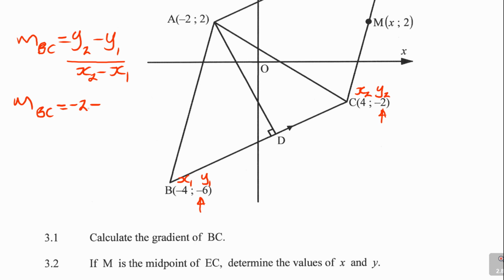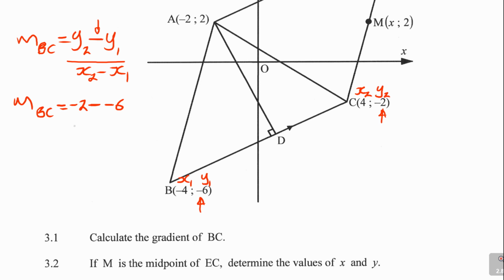Now be careful. I've got a negative from the formula here, but also I've got -6. So you put that -6 like that. Don't make an error. It's -2 minus -6. Where are the two negatives from? There's the negative from -6, and there's the negative from the formula.